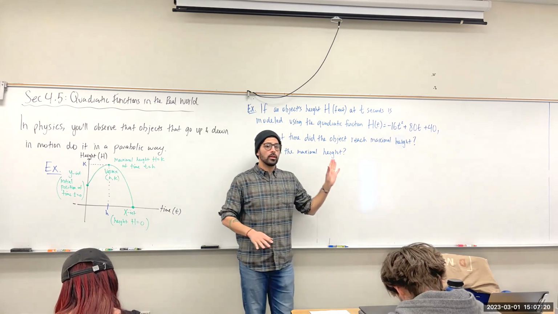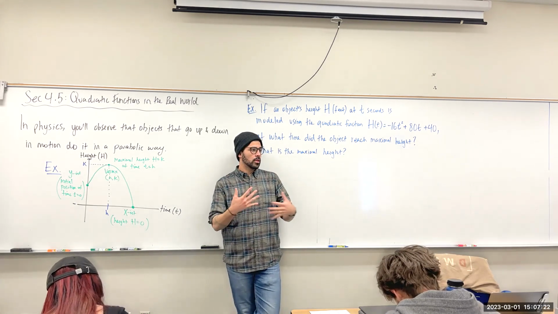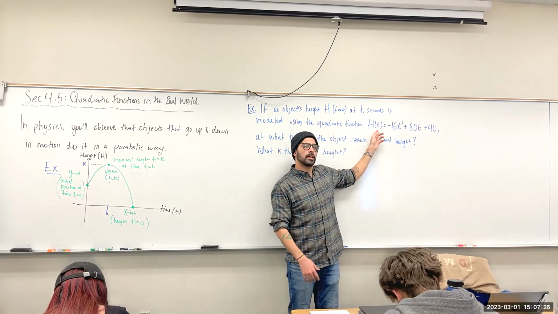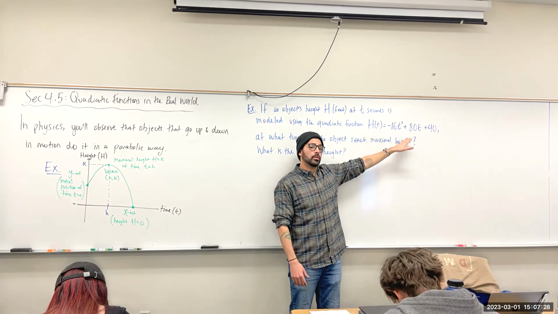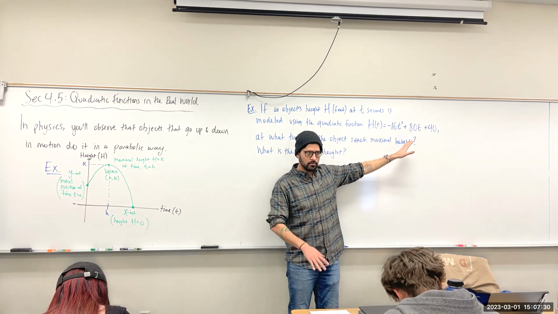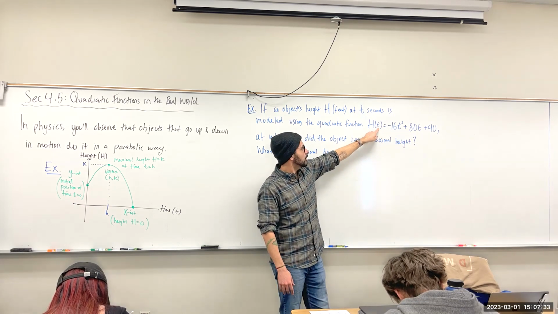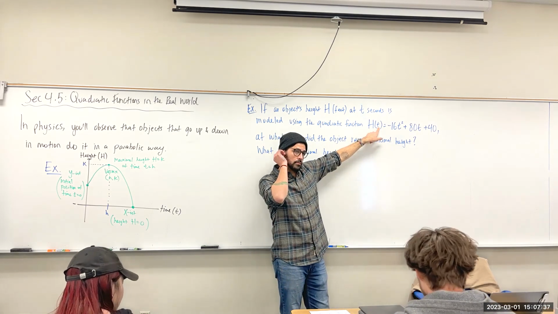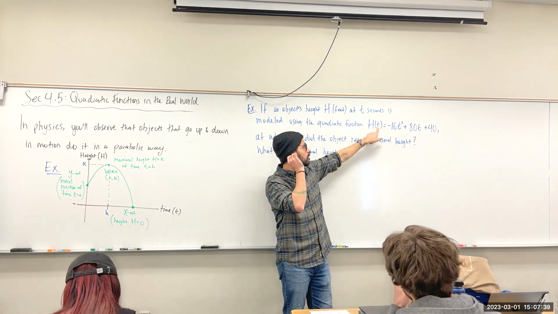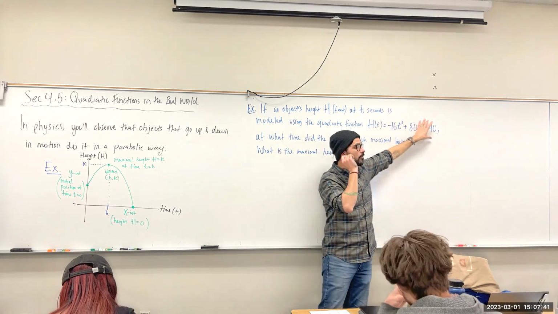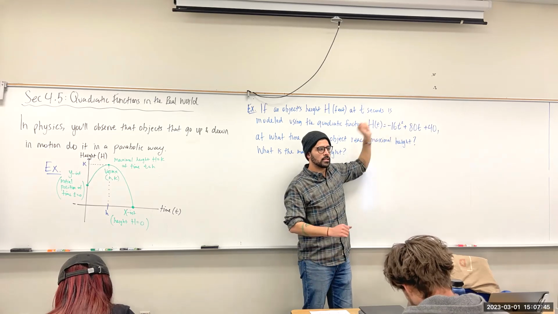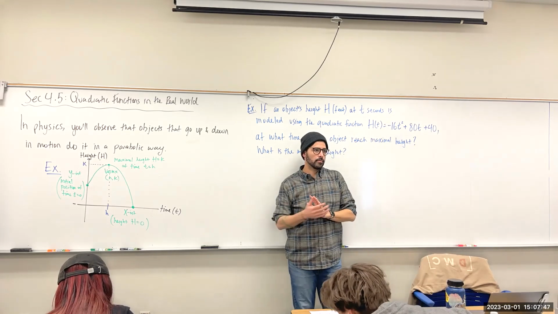So one thing I'm going to suggest that you do when you're working with word problems and they give you a function is understand what the input is doing and what the output is doing before you even start anything. So if I plugged in a number, give me a random number for t. 3. You plug in 3 and you get some number here. Let's say it's 60. What does that mean for this problem?